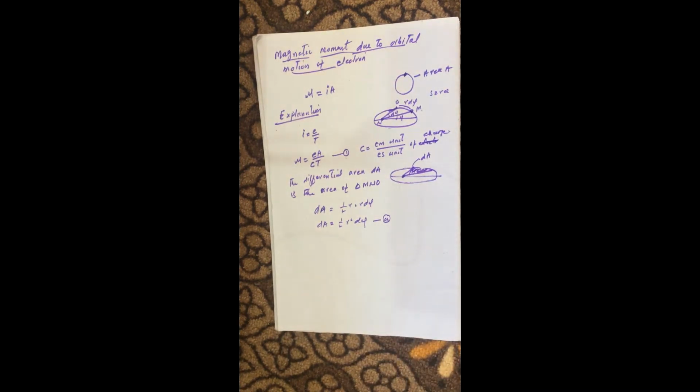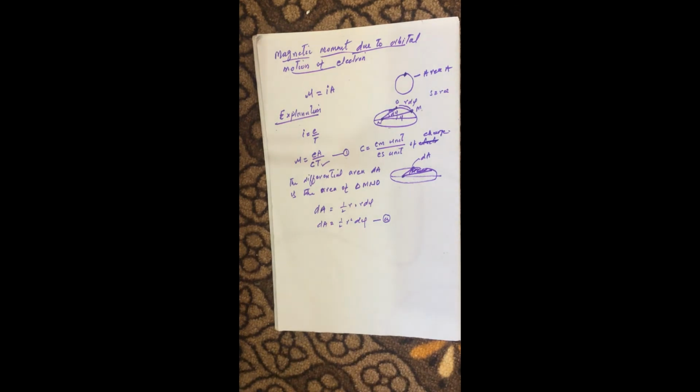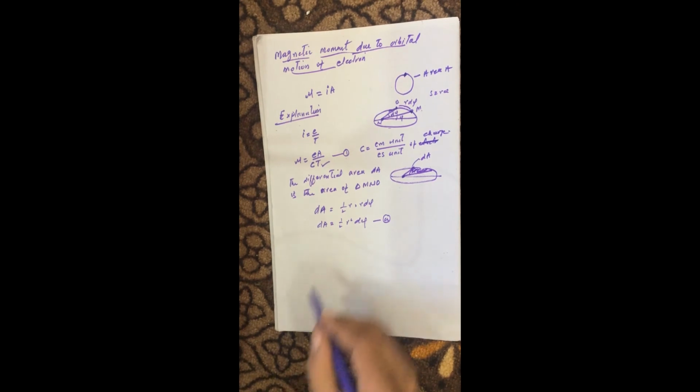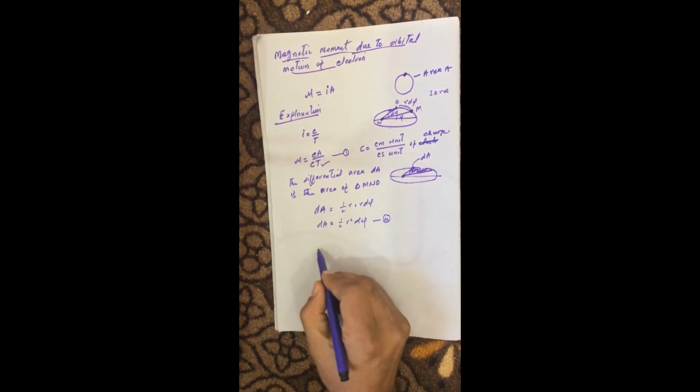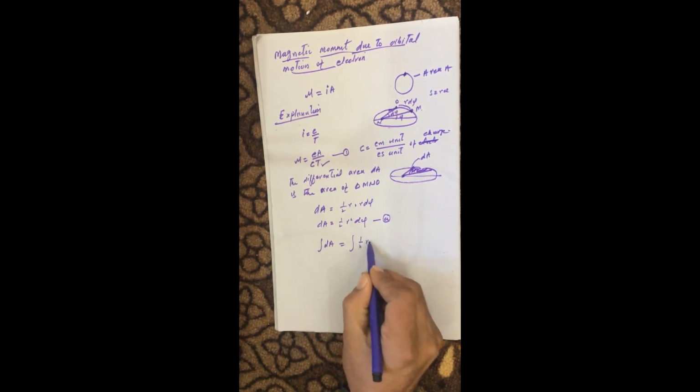Now since the electron completes one revolution in a time period T, the area swept during this one revolution is basically the area of the elliptical orbit, which can be calculated by integrating the above equation. I will integrate both sides of 1 over 2 r square d phi.